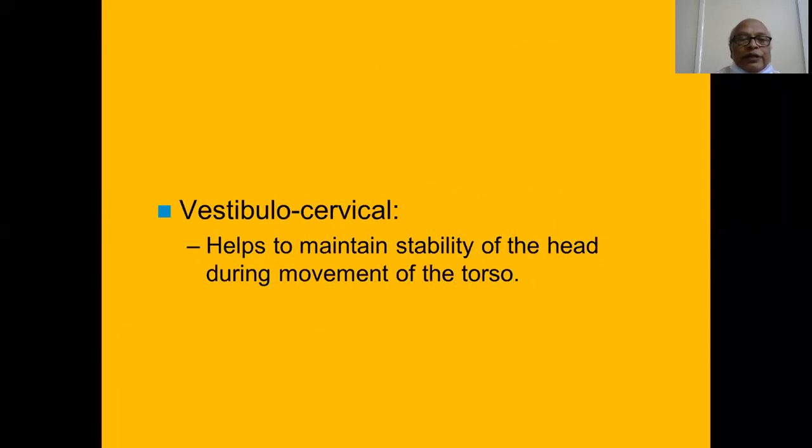The impulses are carried from the vestibule into the different areas of the spinal cord and the brain, and produce the vestibulo-cervical reflex. By means of this reflex, the head and the body become stable and the equilibrium is attained.